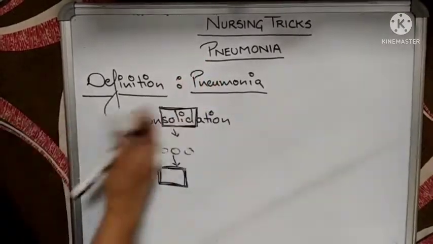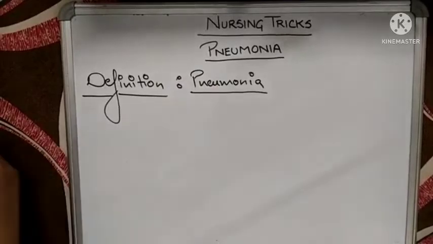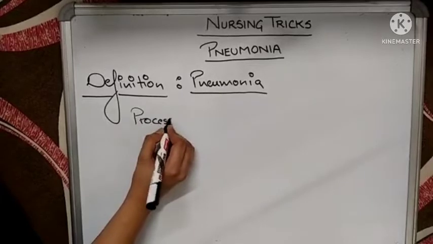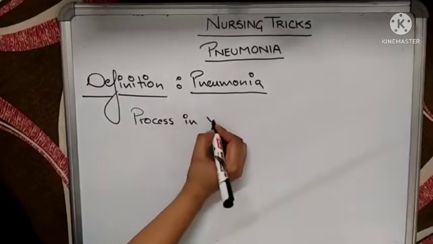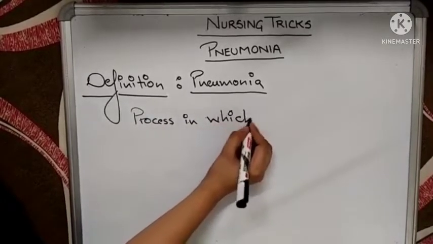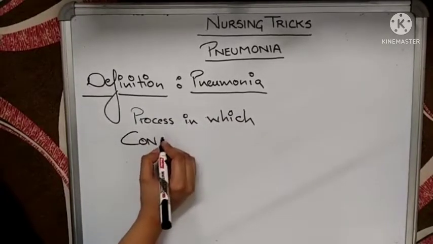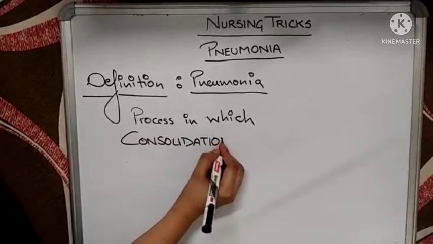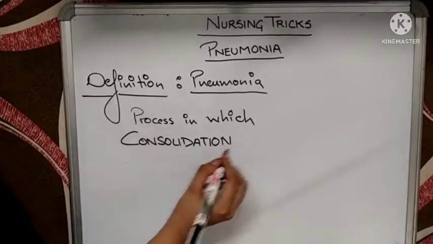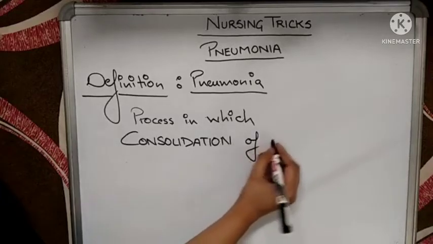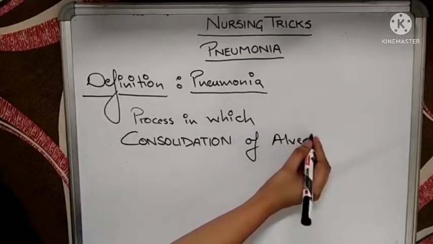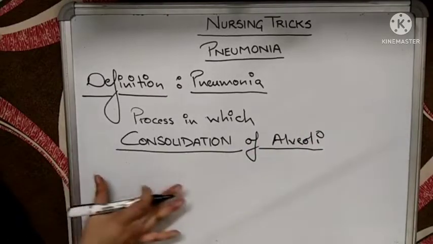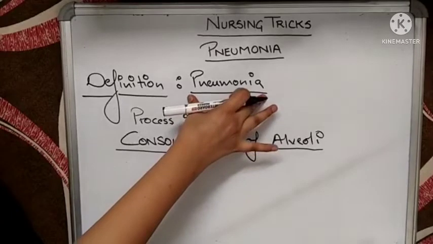pneumonia. Okay, so let us write the exact definition of pneumonia. It is the process in which there is a consolidation. Now if you see where this consolidation is taking place, the consolidation is of the alveoli. So the consolidation of alveoli, in one word, is known as pneumonia.